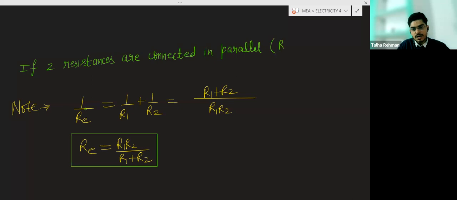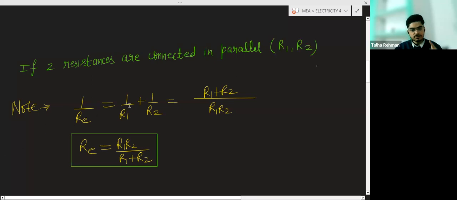Suppose resistances R1 and R2 are connected in parallel. So the equivalent resistance is 1 upon R1 plus 1 upon R2. You will take the LCM, R1 into R2, and this will be multiplied by this and this will be multiplied by this. It will become R1 plus R2 divided by R1 R2. So the equivalent resistance will be R1 R2 divided by R1 plus R2.